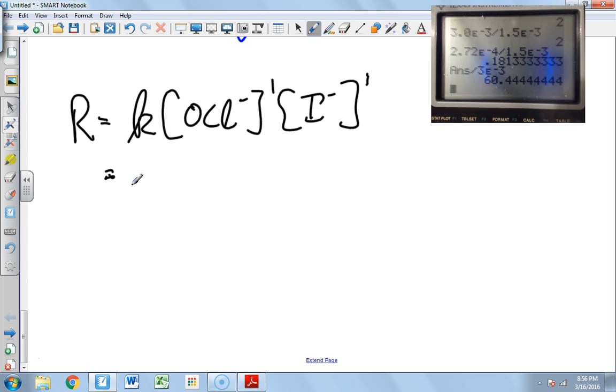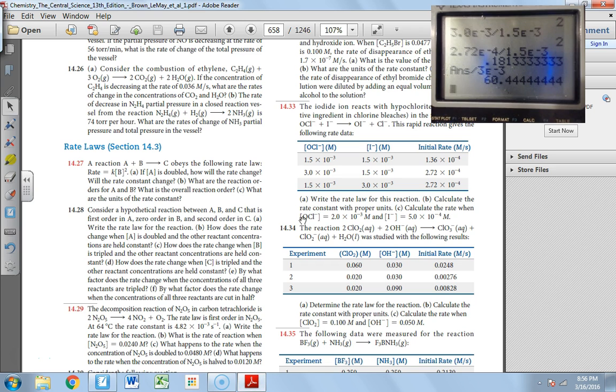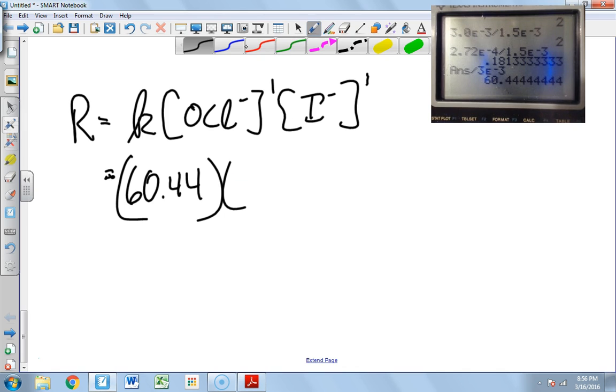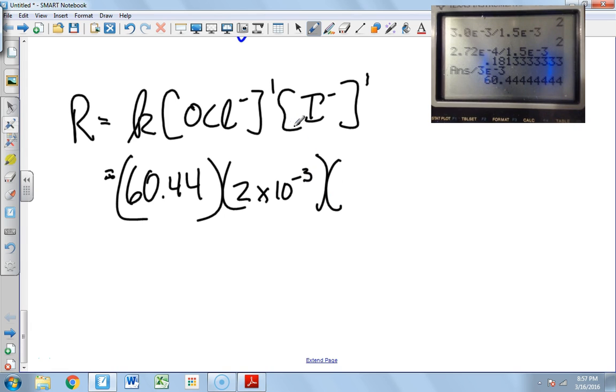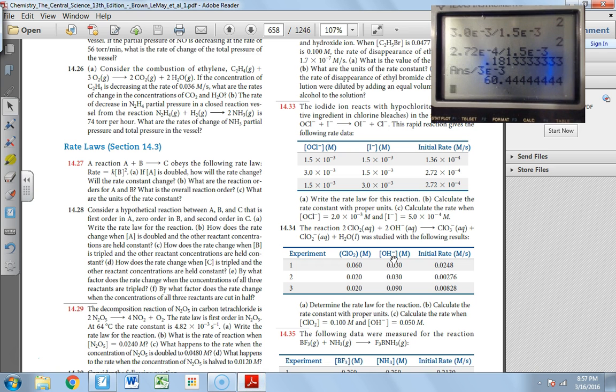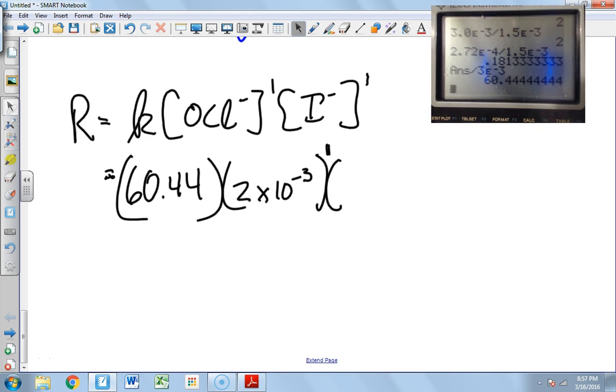So we get K, which we know is 60.44, times the concentration of hypochlorite, which in the problem is 2 times 10 to the minus 3, raised to the first, times the concentration of iodide, which is 5 times 10 to the minus 4, raised to the first.